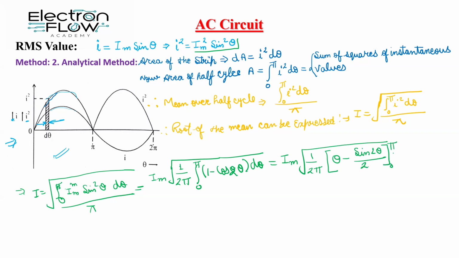If I solve this further, the value of I is Im multiplied by the square root of 1 upon 2 pi into pi minus 0.